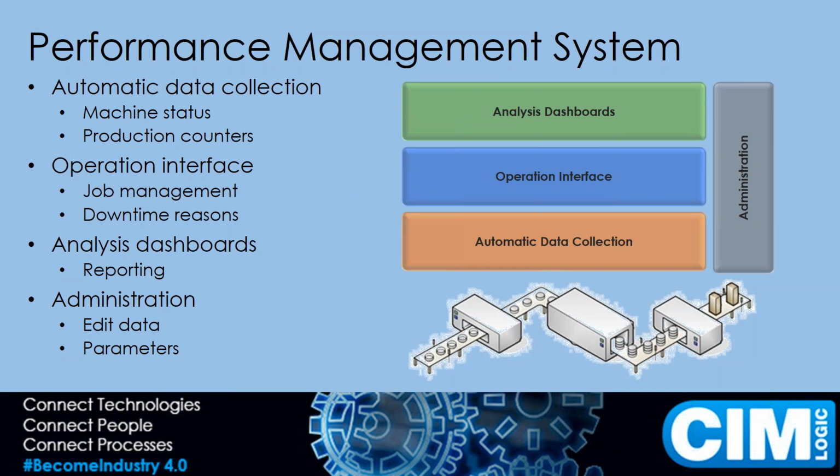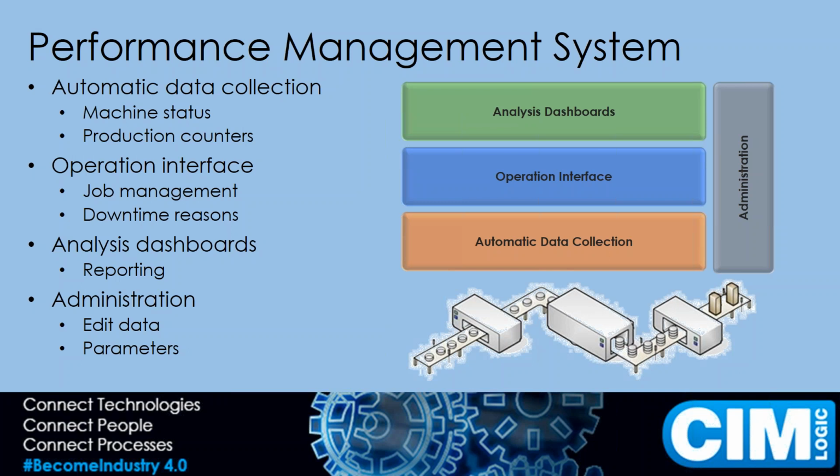Usually, I would say that it collects machine status and production counters. All this data is collected and stored in a real-time production database, and that database will serve the operation interface. The operation interface usually stands by the line, can be a mobile or a fixed workstation, where the operator can interact with the system.